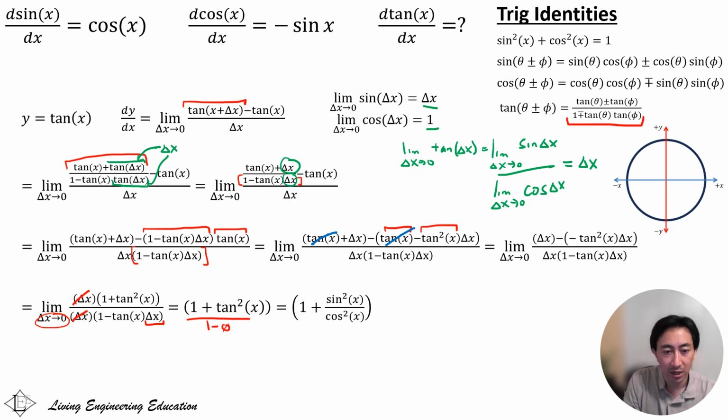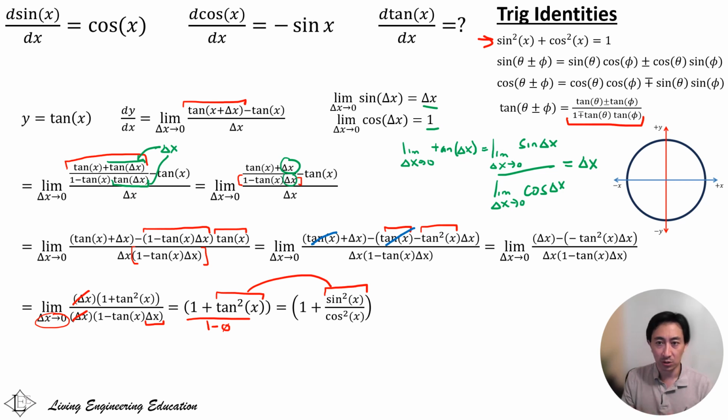Tan squared x can be rewritten as sine squared x over cosine squared x. And I'm trying to force the use of this trig identity, sine squared plus cosine squared equals 1. As I said, when we're looking at the tangent video for the identities, this is the most common form that I see show up over and over in derivations.